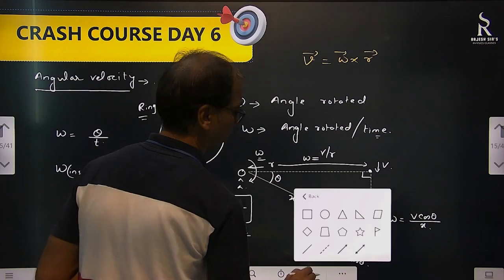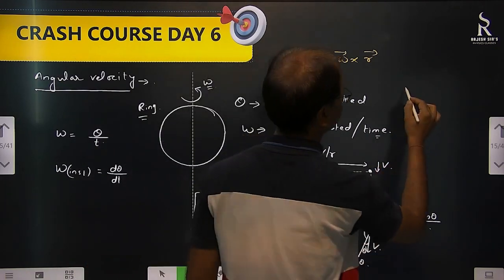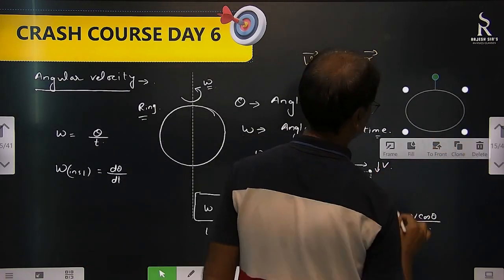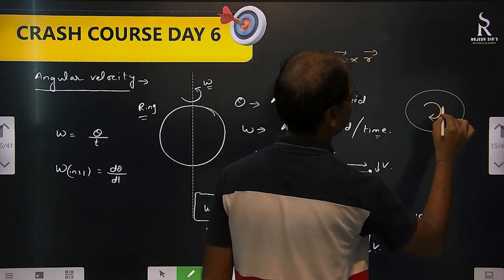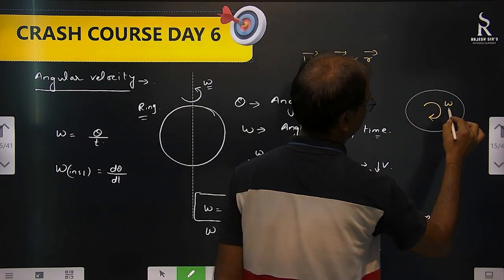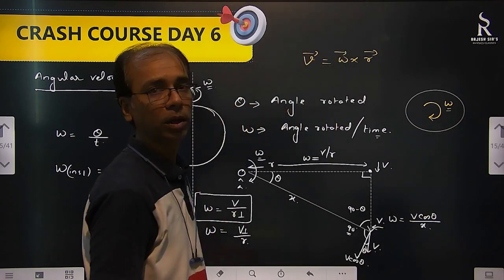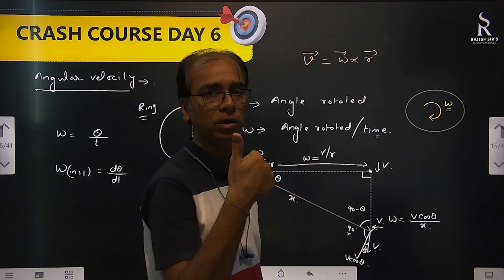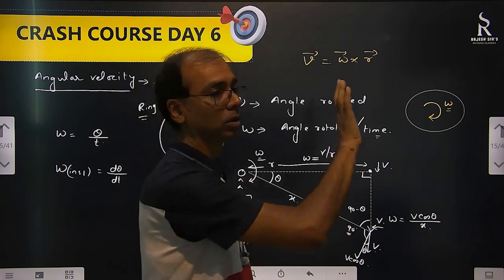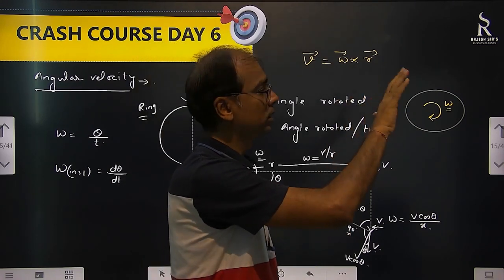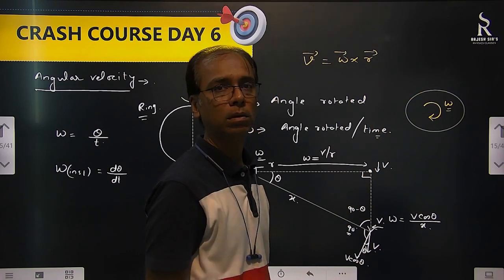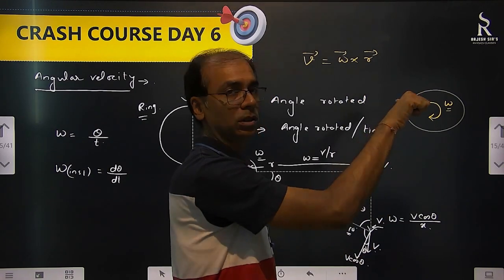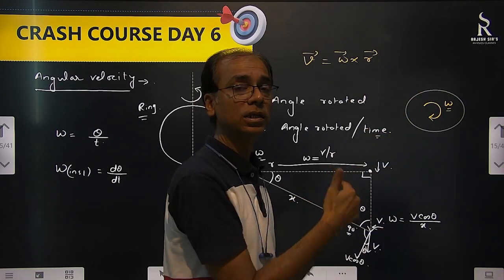One more time, I am making the ring. Now, if this is rotating like this, I mean the rotation is clockwise, what is the direction of omega? The direction of omega will be given by the thumb. How is the rotation? Clockwise. Where is my thumb? Inside. Clockwise rotation, thumb is inside. So inside is the direction of omega.